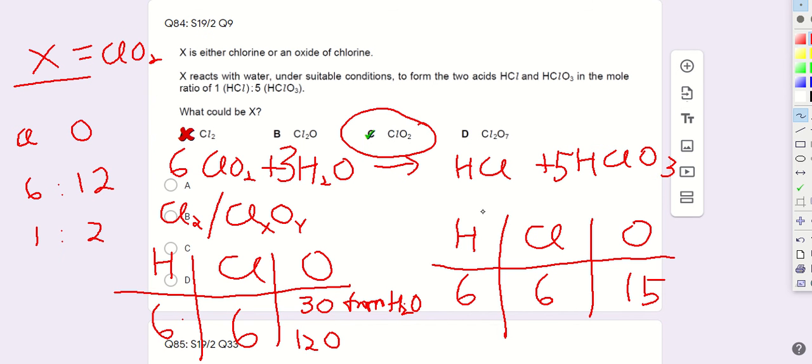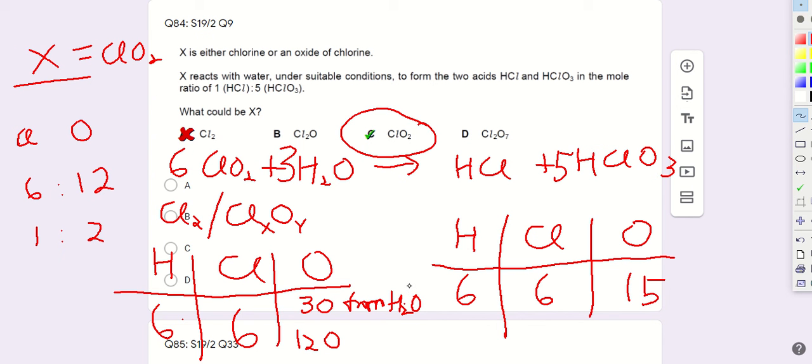Then I have 6 hydrogen, 6 chlorine, 15 oxygen on the product side. The equation is now balanced. So X is ClO2.